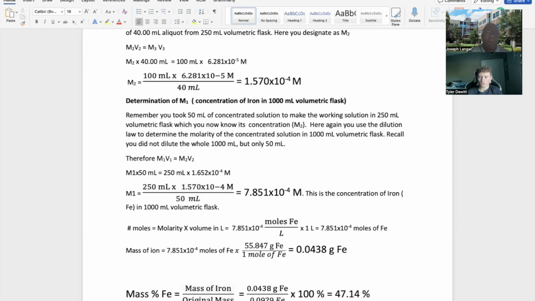And from your original mass, that is what you started off with in dissolving in 6 molar HCl and diluting to a 1,000 ml flask, the original mass of your unknown. I used 0.0929 as an example to show you how you can find the mass percent of sample number one. You do the same thing for sample number two because they will not have the same absorbance values. And then you work your way through.